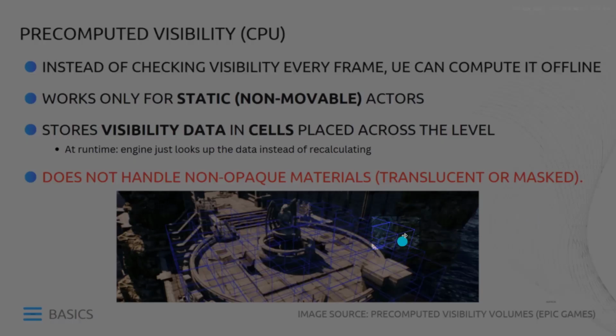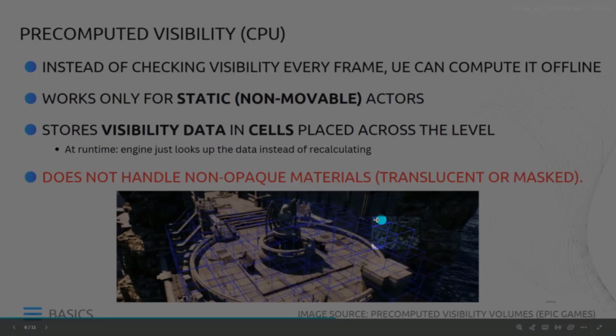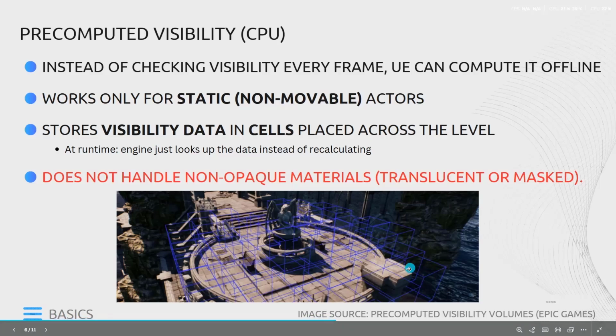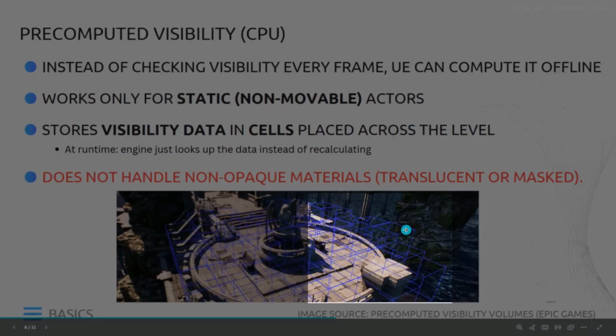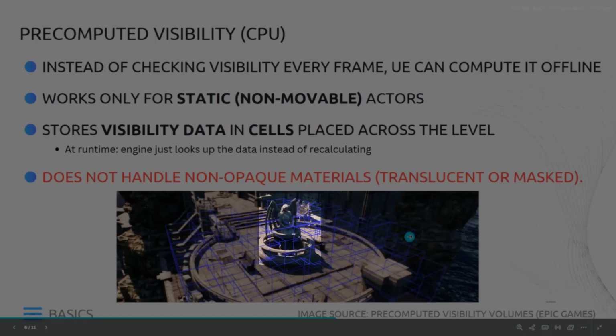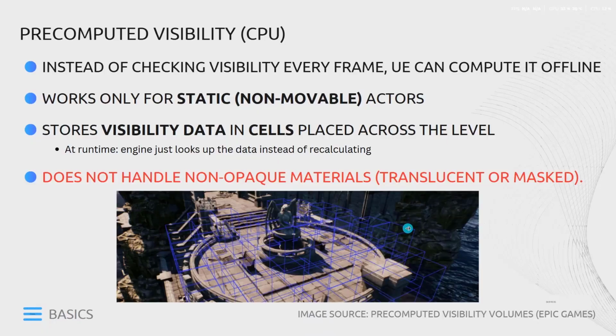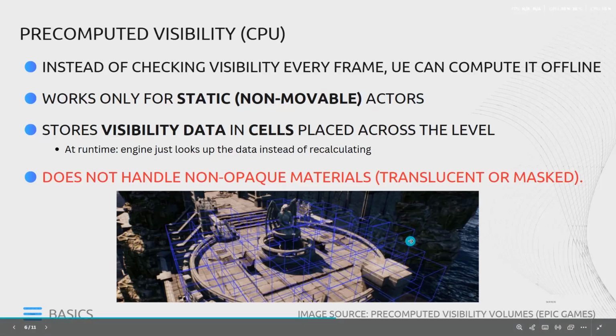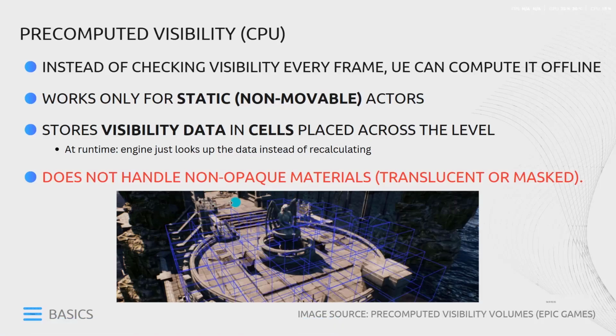For example, for the cell here, I will save information that I will see just cells in this area. Anything behind, for example this object here, will be hidden. So we don't need to check this with occlusion. I will check that before even building the game. So it's offline information, but it only works for static objects or static actors, and also does not work for non-opaque materials like translucent or masked, like grass.